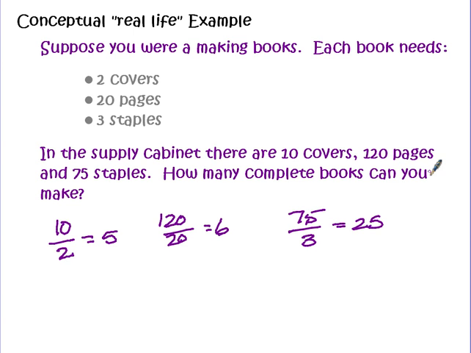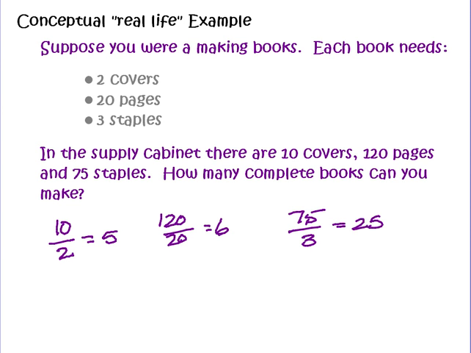Then I took a look at what I had. And then finally, I did some math for each one of the parts of my recipe to figure out how many of my product I can make from those. So that's kind of a real life example where we can get our brains around the idea of what a limiting reactant is. It's the thing that runs out first.